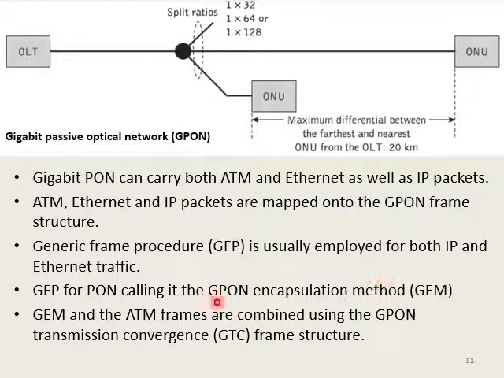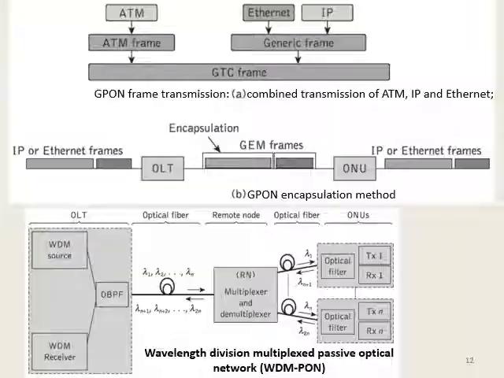This encapsulation method for GPON is shown in the next frame structure. You can observe the GPON frames transmission, where ATM frames, Ethernet and IP are taken together with respect to the generic frame, which is overwritten with respect to the GTC frame, as I just mentioned.